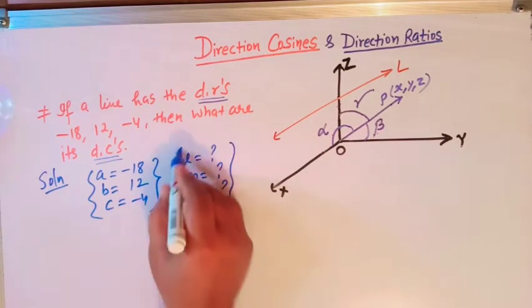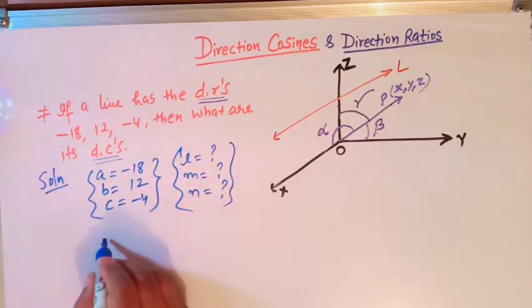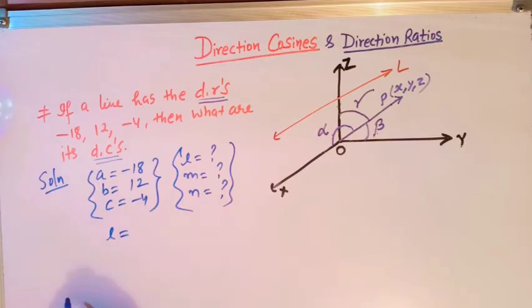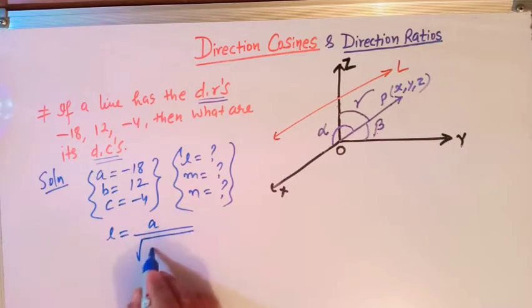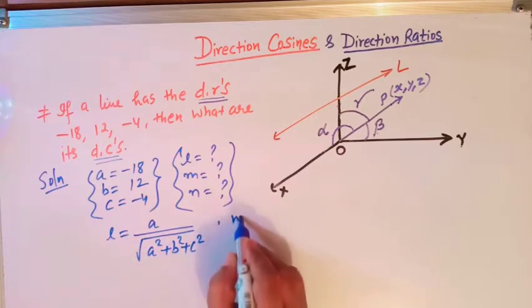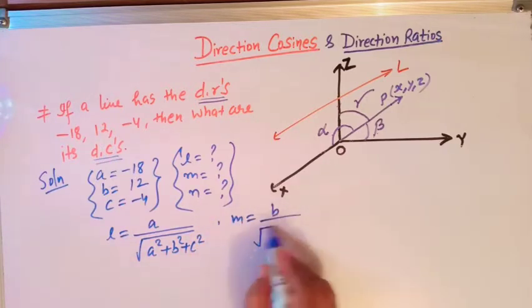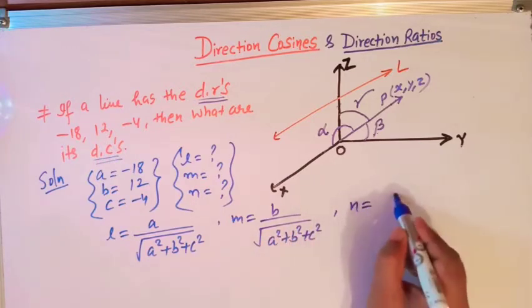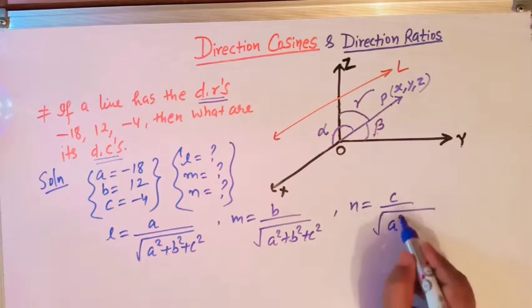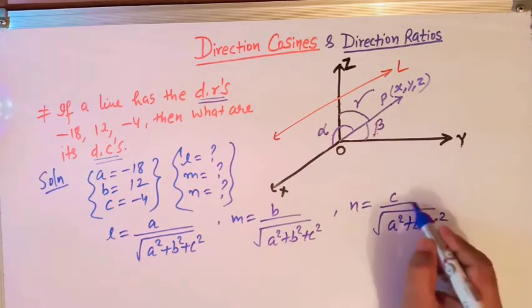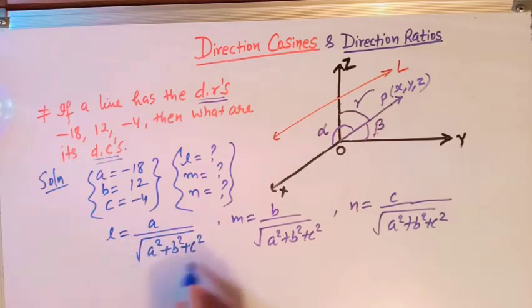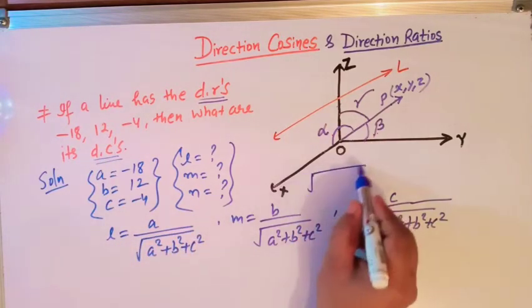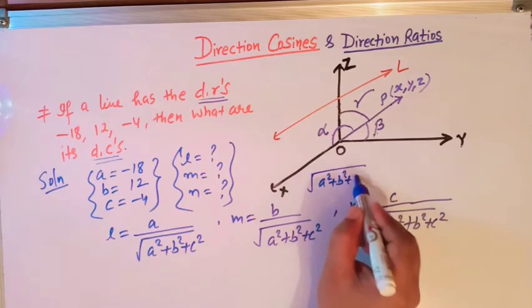Now in our discussion we have seen that the relation between direction cosines and direction ratios is L is equal to A over square root of A square plus B square plus C square, then M is B over square root of A square plus B square plus C square, and N is C divided by square root of A square plus B square plus C square, right? Now let us first find this term, that is square root of A square plus B square plus C square.